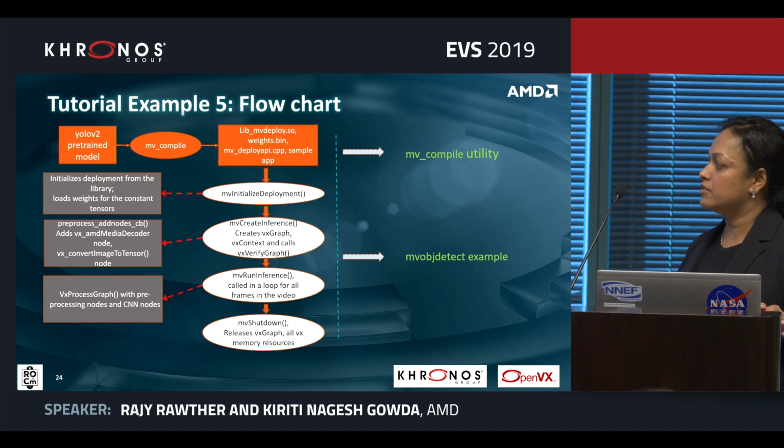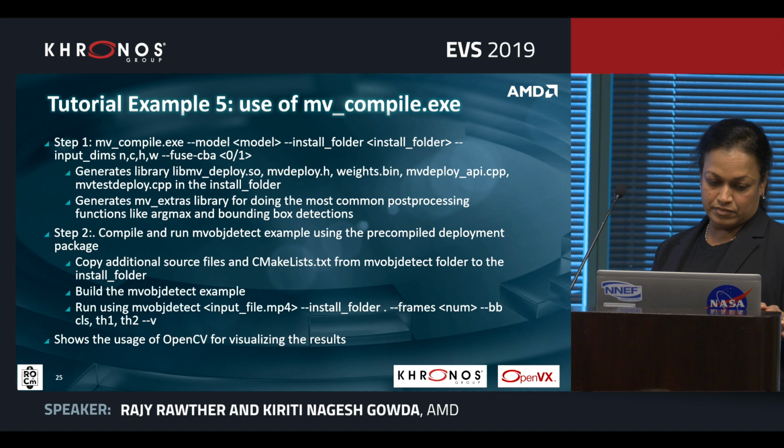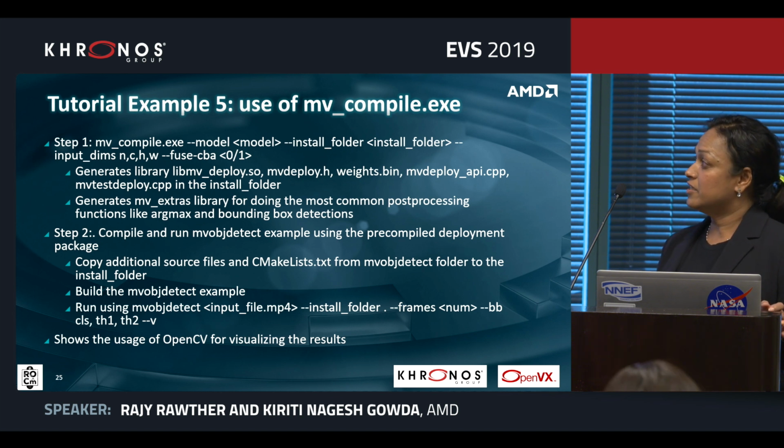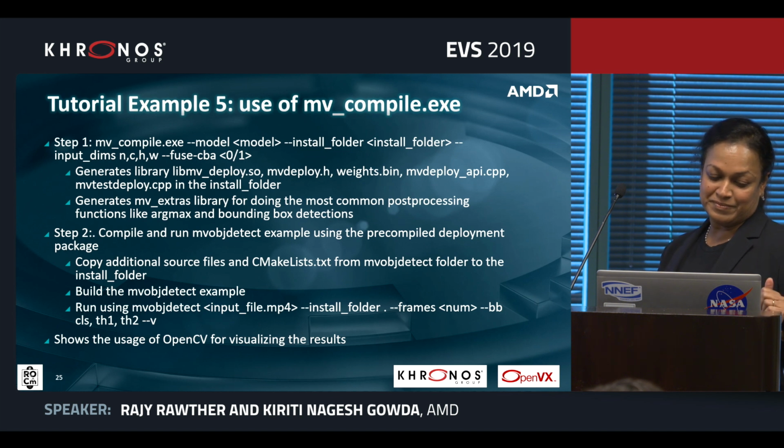After it is done, it releases all the resources. This is also the same as the steps of running the sample. We will be going through this in detail, so I'm not going to go through this right now.